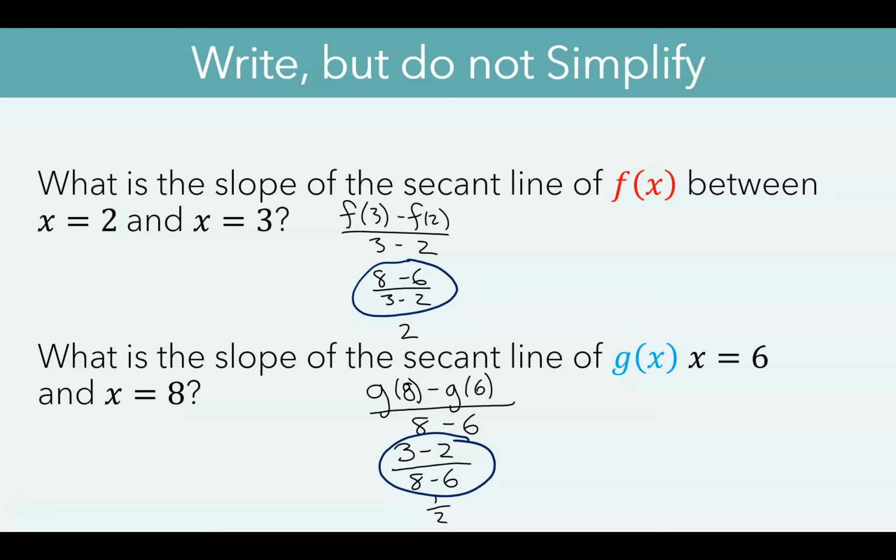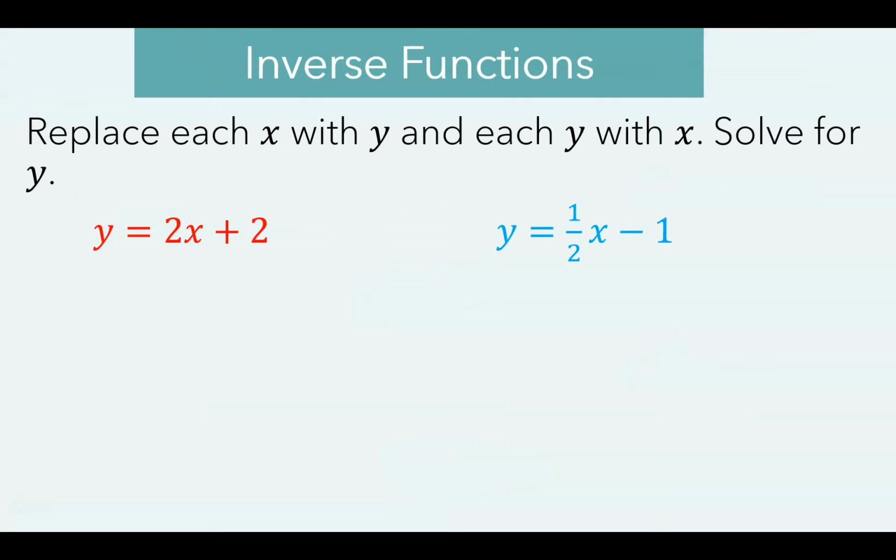In f, 3 minus 2 is the change in x, and in g, 3 minus 2 is the change in y. And so it's kind of knowable. If you knew the slope of f, you could figure out the slope of g between those same corresponding points.